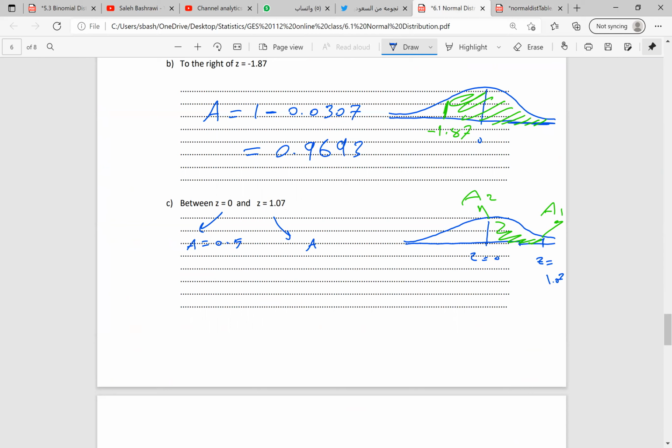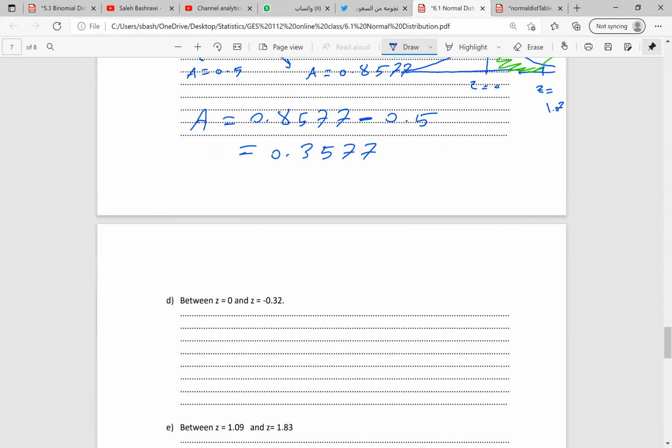This will give me A is 0.8577. So the area is the larger one, 0.8577 minus 0.5, that will be 0.3577. This is if it is between two z values.